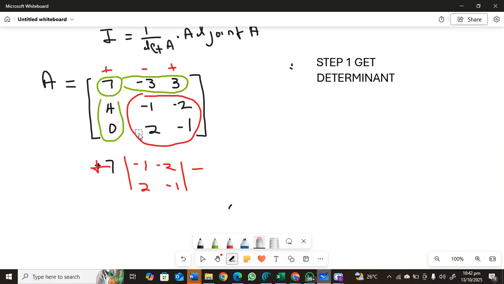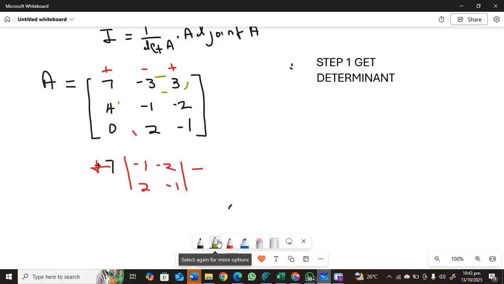Now the next number is this -3 here in the middle. You circle it, -3.